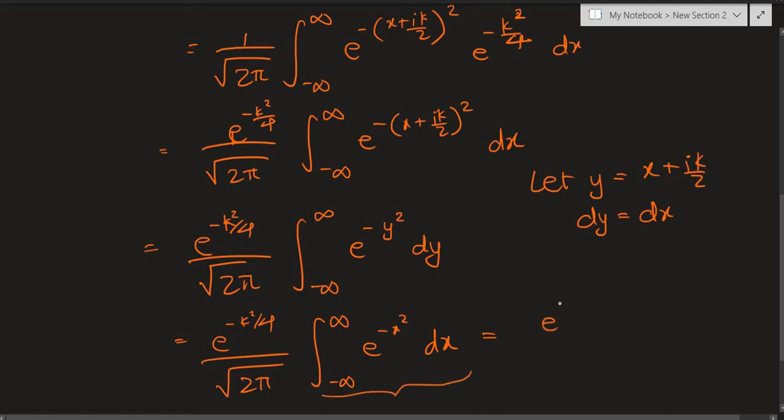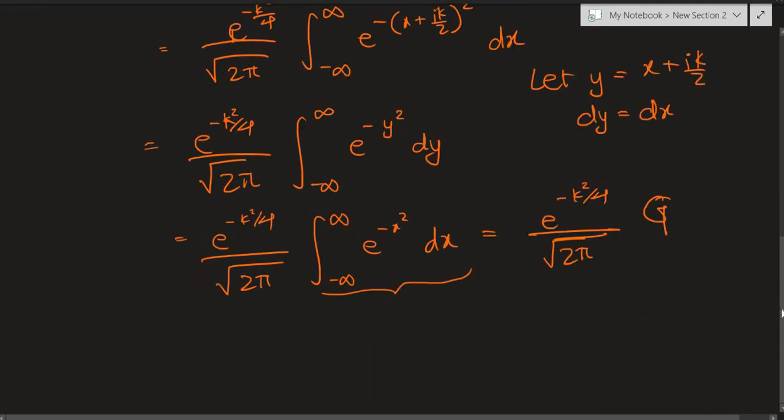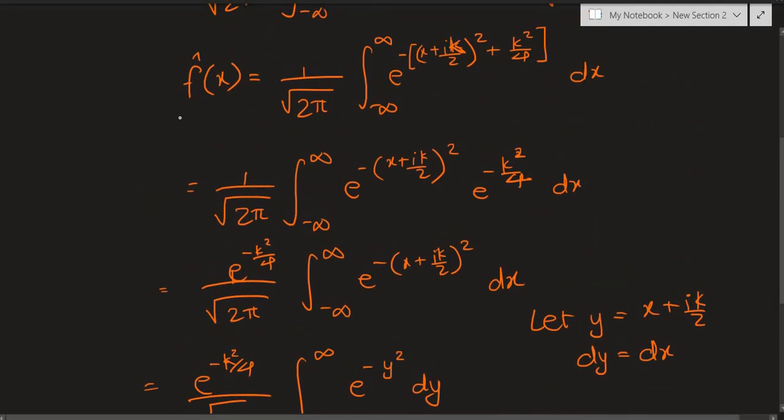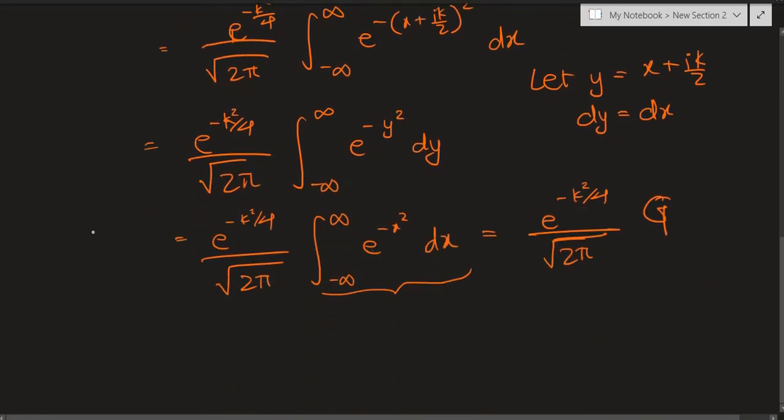So we have e raised to negative k squared over 4 divided by square root of 2 pi times the Gaussian integral. But what is all of this equal to? All of this is just equal to the Fourier transform of f of x.